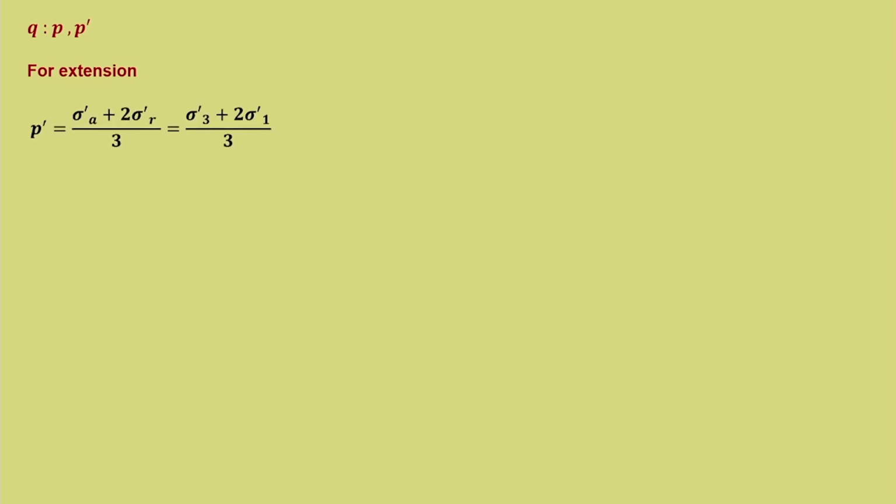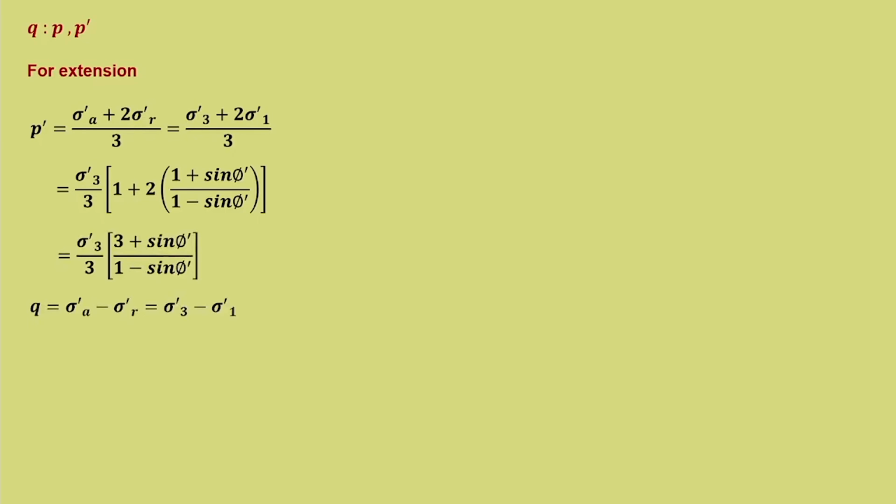Now, for extension, P dash is sigma A dash plus 2 sigma R dash by 3, that is sigma 3 dash plus 2 sigma 1 dash by 3, substituting the appropriate axial and radial stresses. Take sigma 3 dash outside, it will be 1 plus 2 times (1 plus sin phi dash upon 1 minus sin phi dash), that will give sigma 3 dash by 3 times (3 plus sin phi dash by 1 minus sin phi dash).